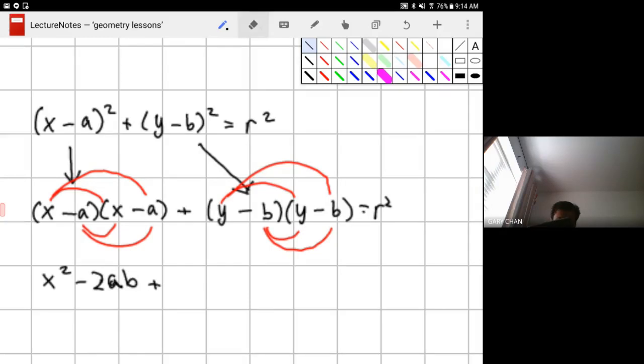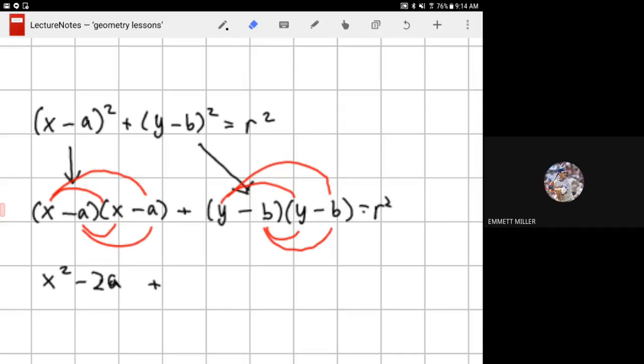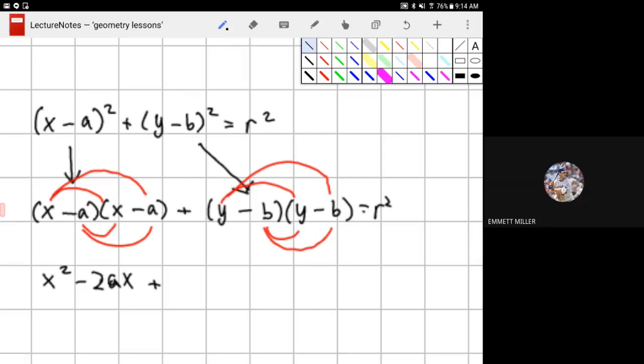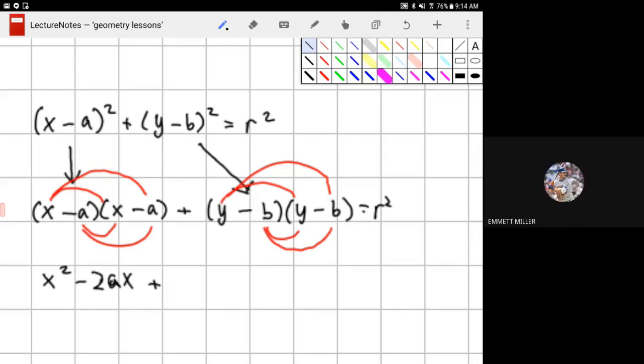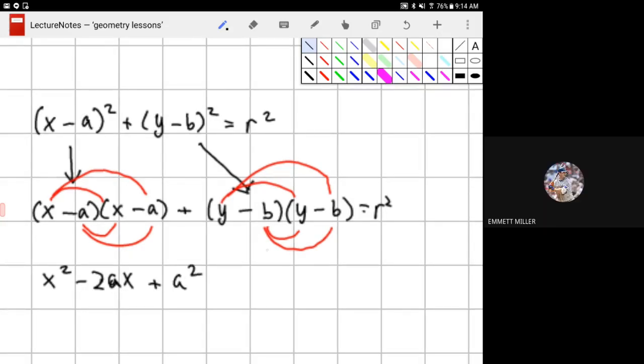It's not minus 2ab, sorry, it's minus 2ax, and then plus what's the last term? a squared. And then the other one is y squared minus 2by plus b squared.